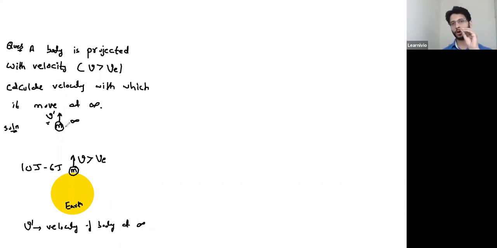Total I provided 10 joules, so how much energy is left with the body at infinity? 4 joules. So this is the 4 joule energy with which the body can travel at infinity.